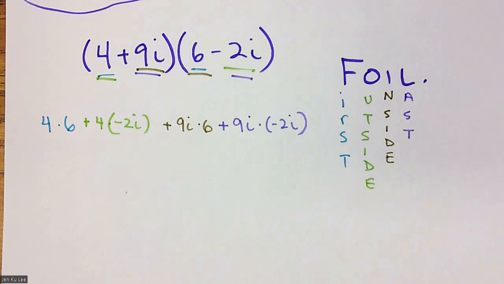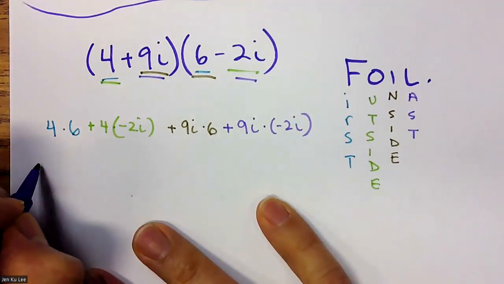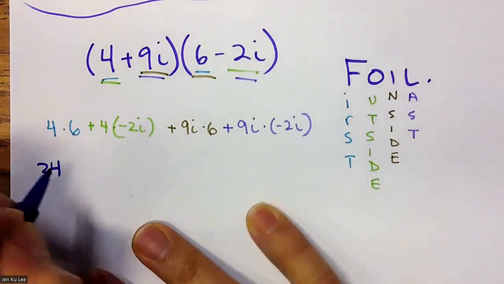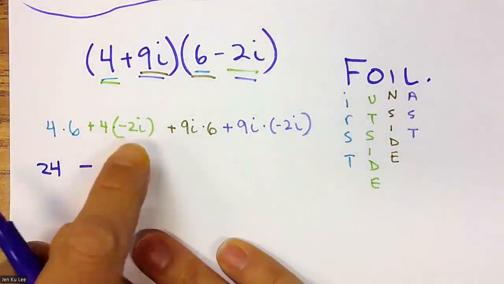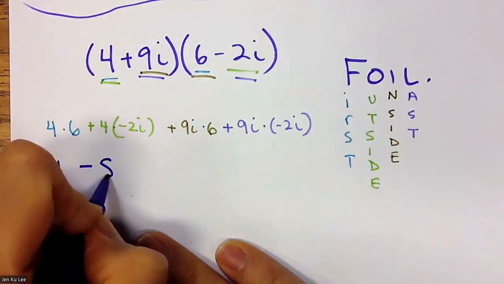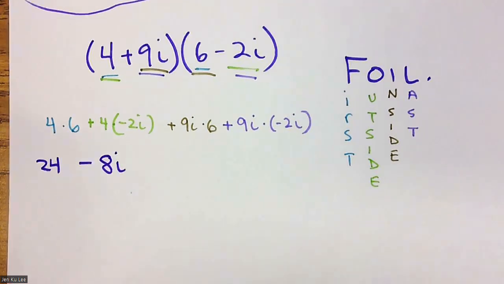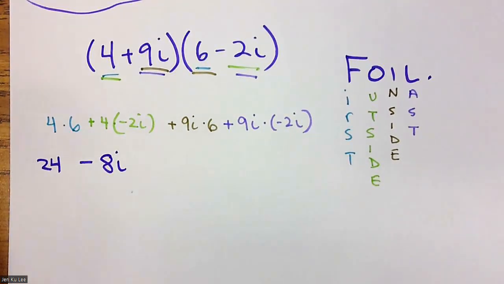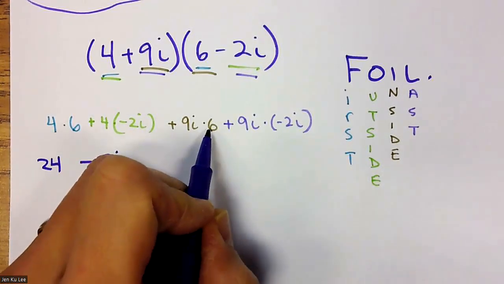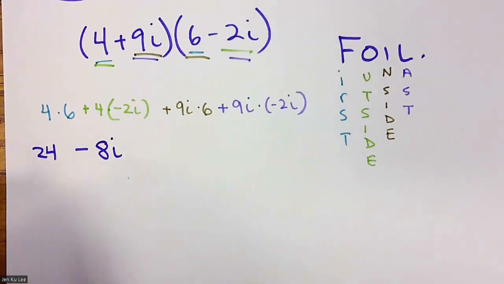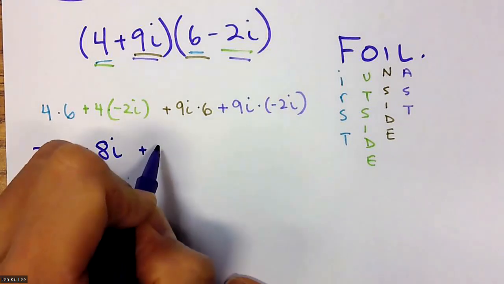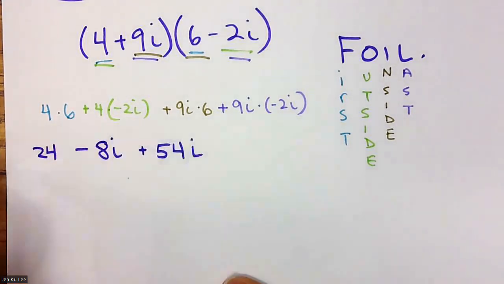Okay, so 4, and then we're just simplifying, right? 4 times 6 is 24. 4 times negative 2i, negative 8i. That's just negative 8i. 4 times negative 2 is negative 8. 9i times 6 is 54i.